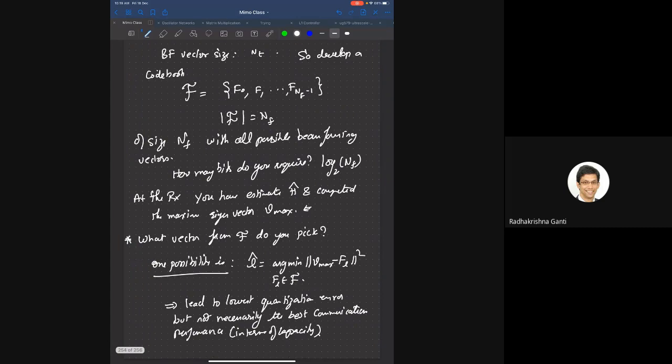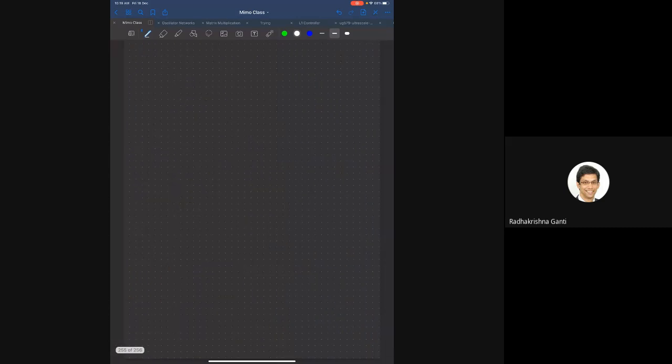So this is one option. Another, most popular option, the second option, is to choose FL such that the ergodic capacity is maximized.